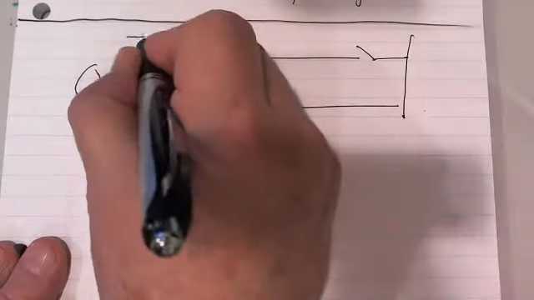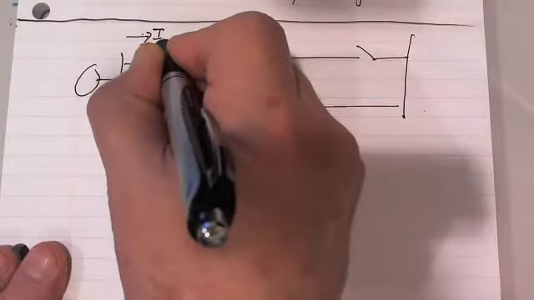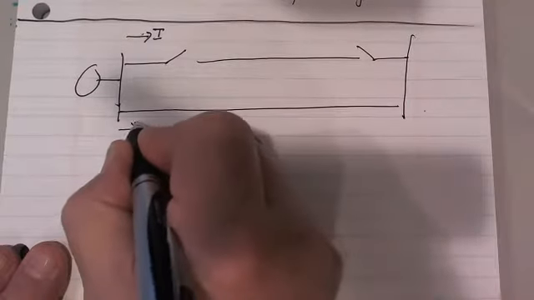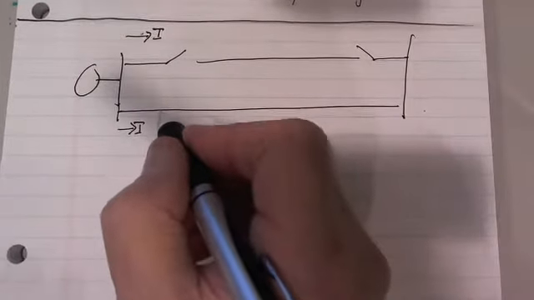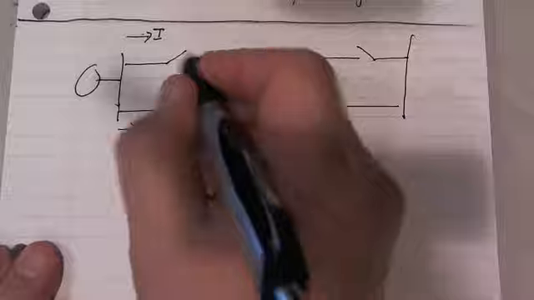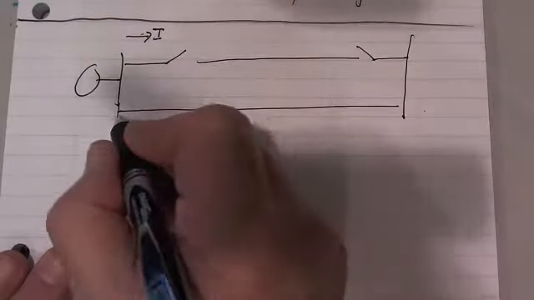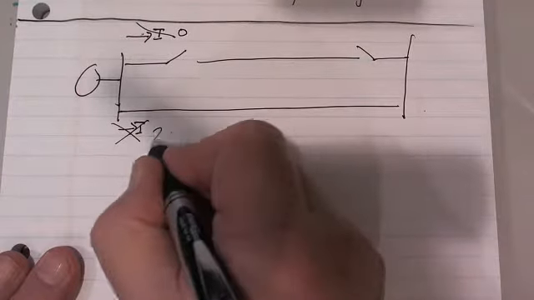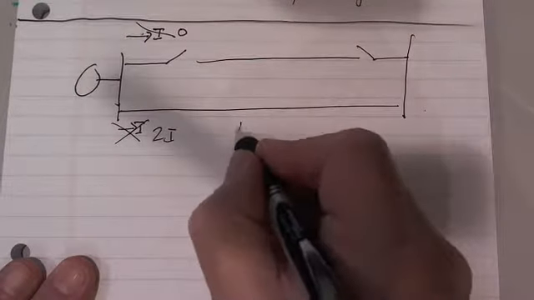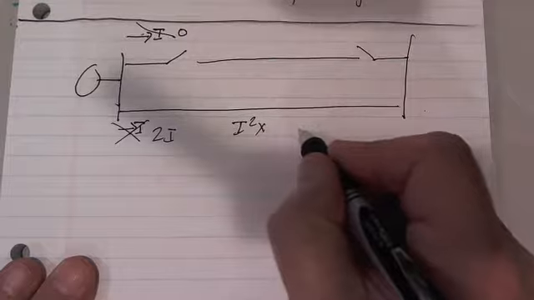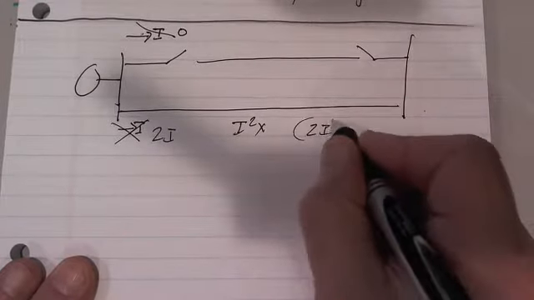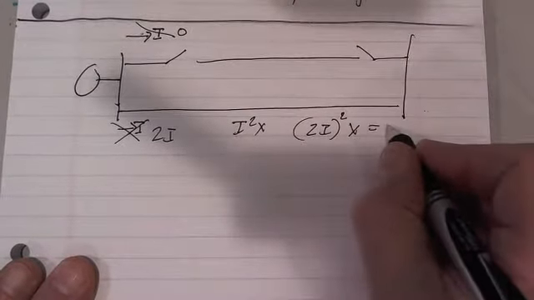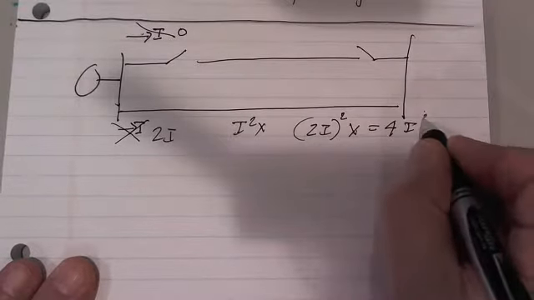Initially I had I flowing here and I had I flowing here. And now I lose this, and so this I goes to 0 and this one becomes 2I. Well then I squared X becomes 2I squared X, which is equal to 4I squared X.